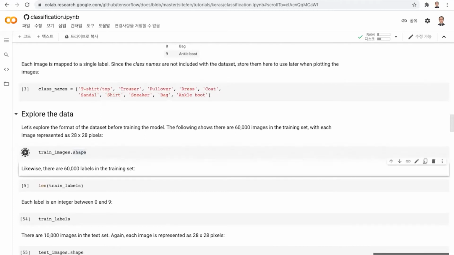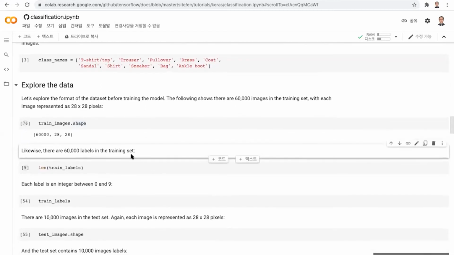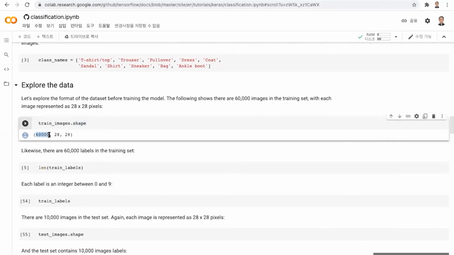Then let's see the train shape. Since this is an image dataset, the first number is how many samples we have. It has over 60,000 samples, and each is 28 by 28.